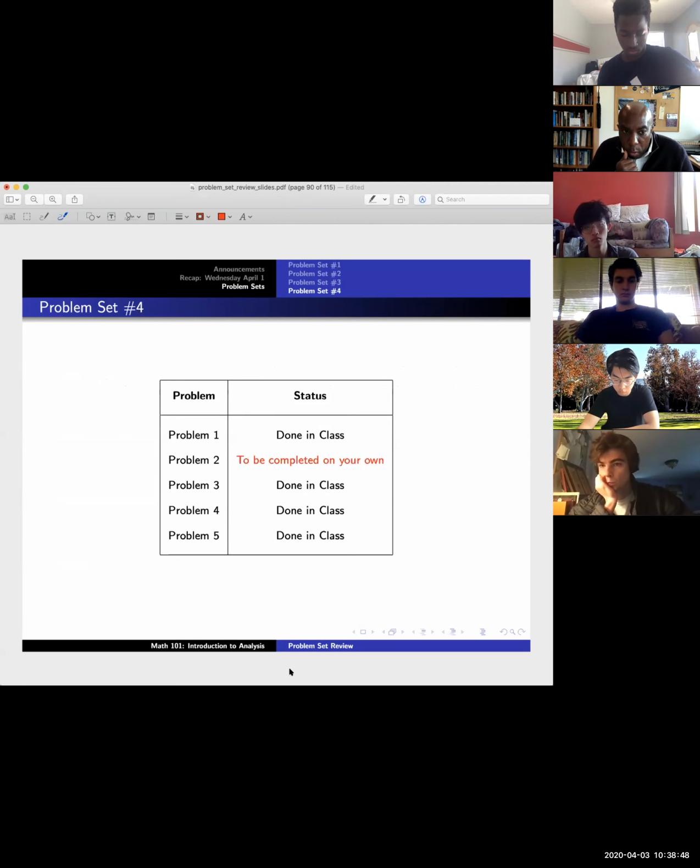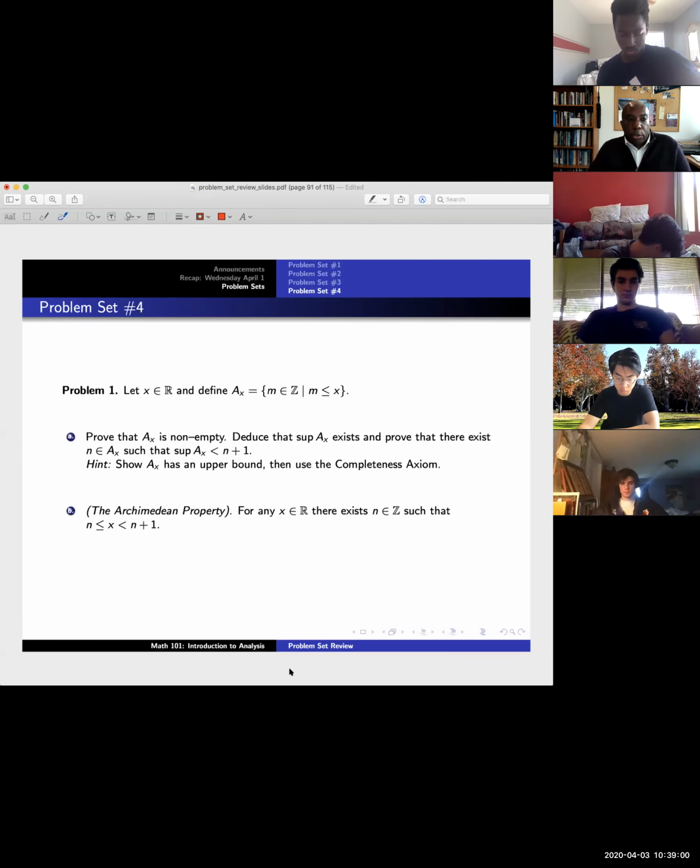There's a couple of these that we did in class, but we didn't complete, and that's what I wanted to go over today, just to see if there's any questions on how to finish off some of these. Let's start with the very first one. This says you form the set A of x, from some given real number x, and you want to prove that the supremum exists, and actually that there is an integer n where the supremum is less than n plus 1.